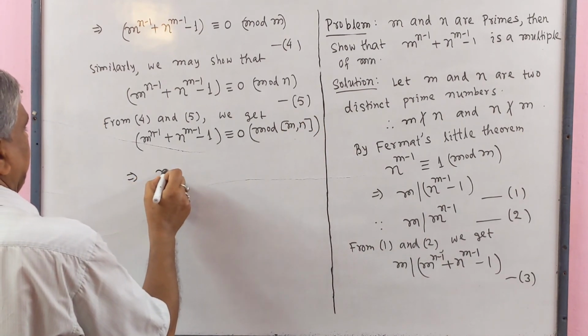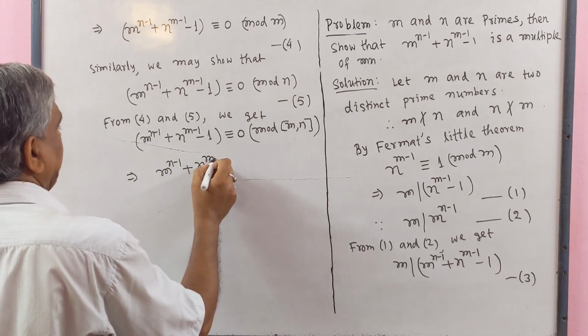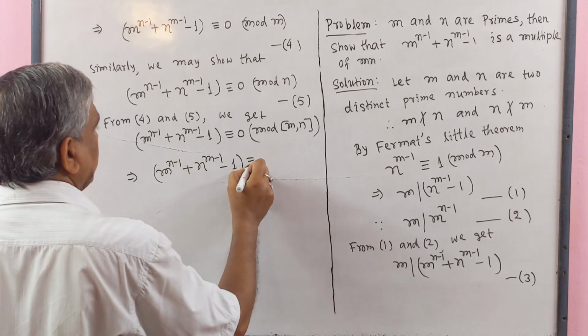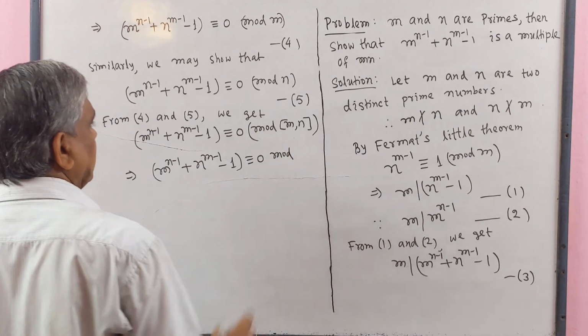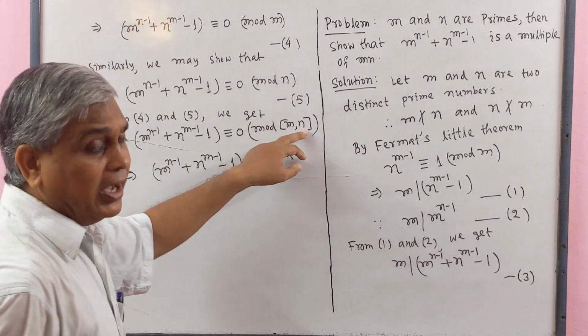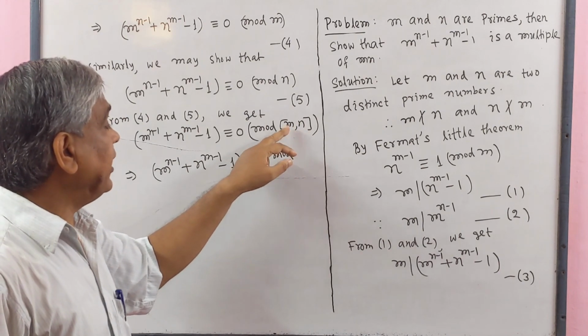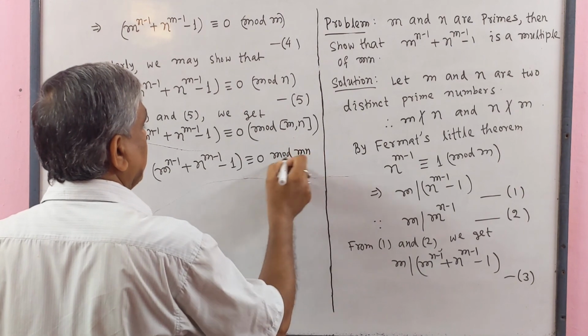Implies that it is congruent to 0 modulo mn, since m and n are prime numbers, therefore their LCM will be m multiply n.